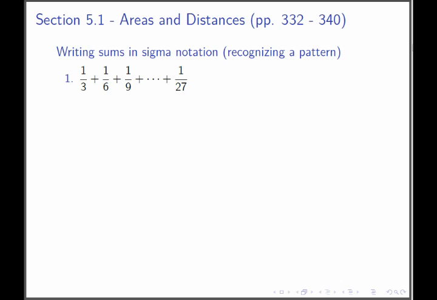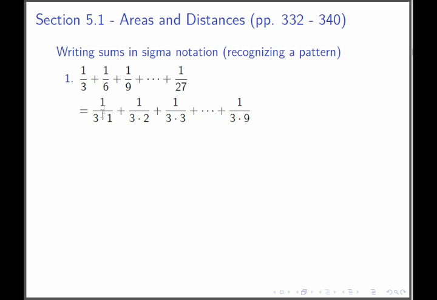Now, sometimes it'll be convenient to be able to go from this traditional notation back to sigma notation. And there are often several ways to do this, and the idea is to recognize some pattern among the terms being added together. For instance, here I notice that the denominators are just multiples of 3.